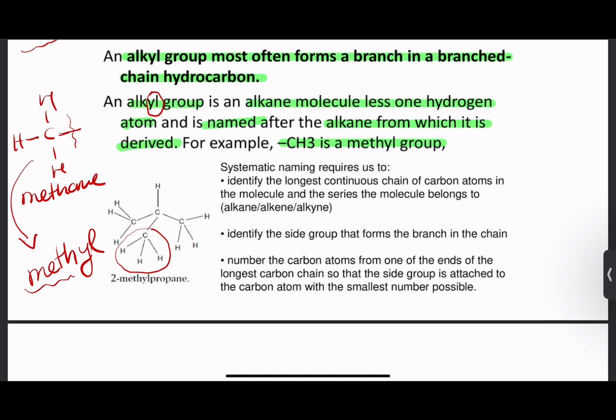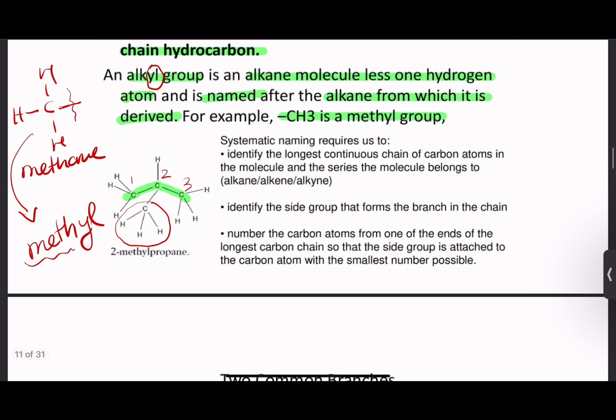Okay. So if you see here, we have one CH3 group attached. I told you guys the rule is to find the longest chain. Longest chain, if you look at it, it is this one. It starts from here, and then we start numbering. I would start 1, 2, 3. Because my root has 3 carbons in it, I'm going to say prop. And because it's all single bonds here, this is an alkane, right? So my suffix is ane.